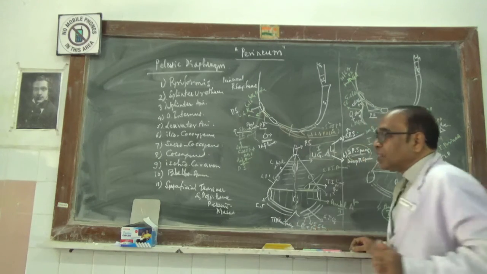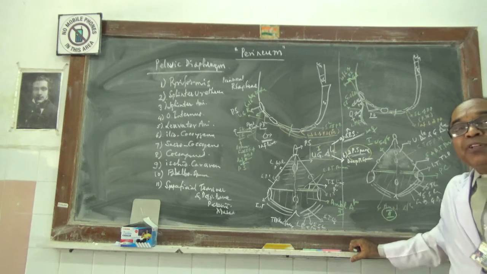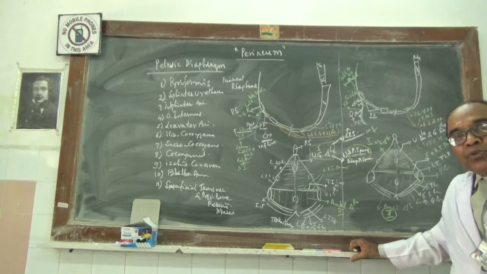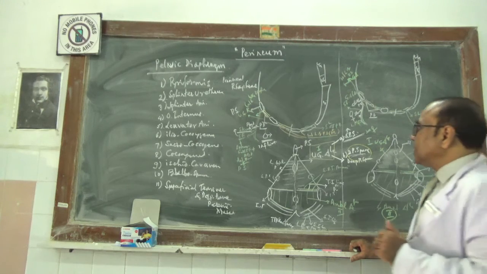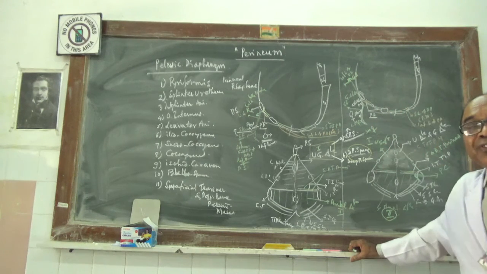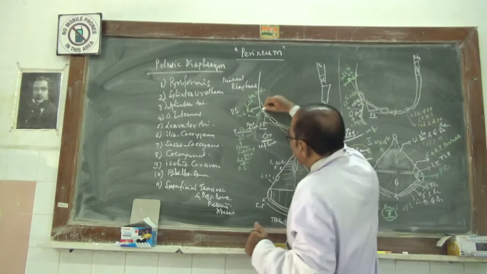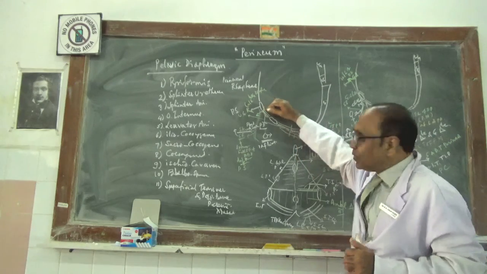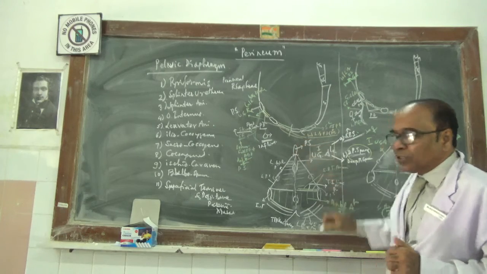The deep perineal space is present deep to the superficial perineal space in the urogenital region of the perineum. Now, anteriorly and above, its limit is formed by the lower part of the pubic symphysis and the pubic angle.